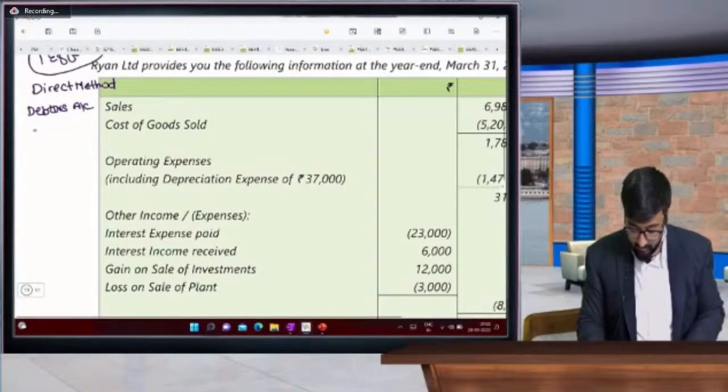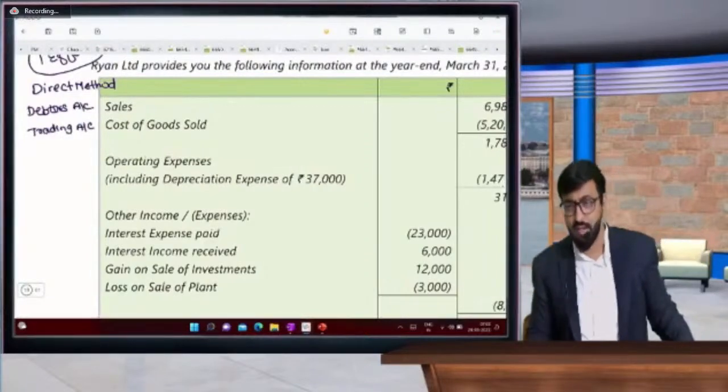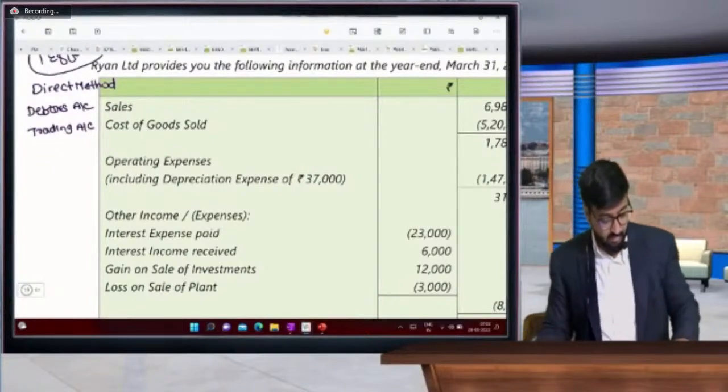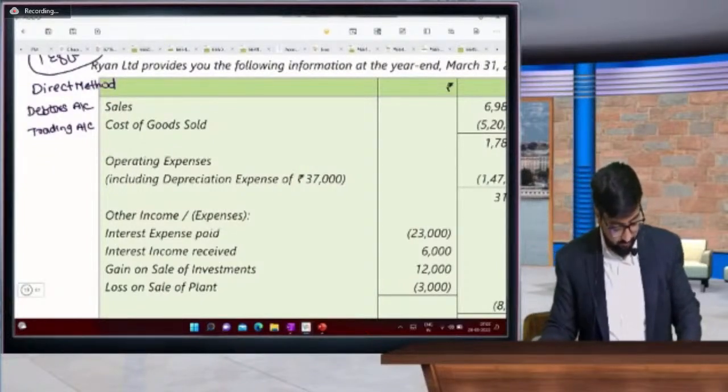COGS. For COGS, we will prepare trading account. Just write over there, we will prepare trading account. Other students? Second line, 15 minutes, Rahul ji is saying 15.